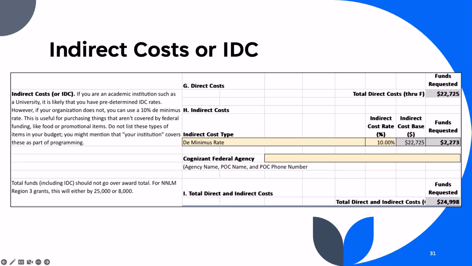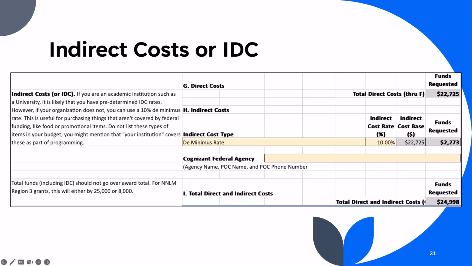Other research projects might have a different rate than that. So you'll want to consult with your institution and ask if you have a designated percentage for your IDC rate already negotiated, and if you do, what level your project will fit in. So you can look that up.